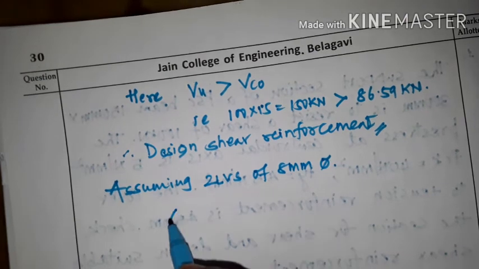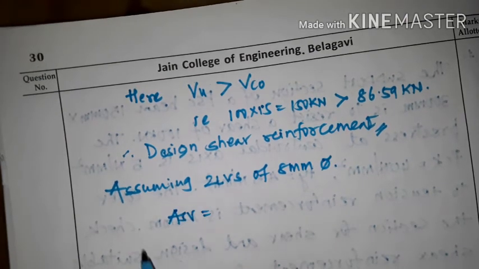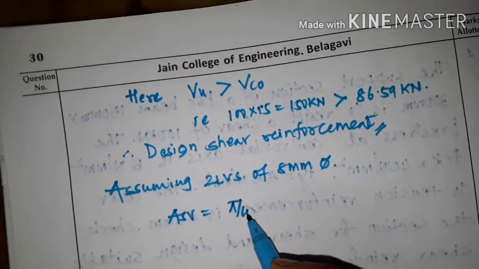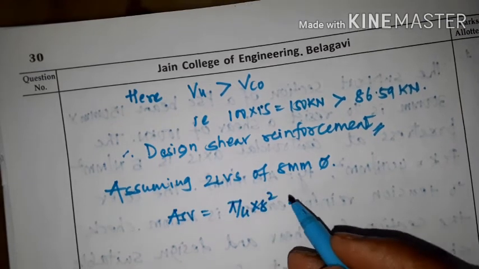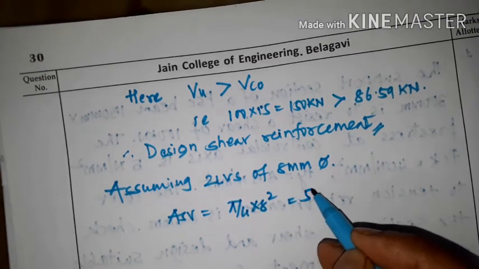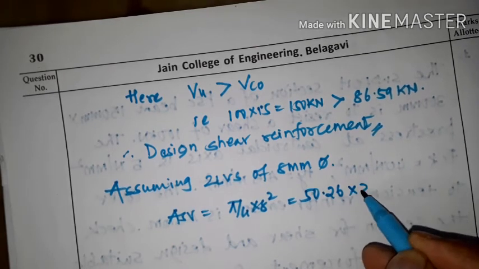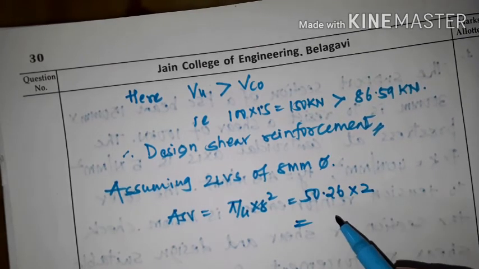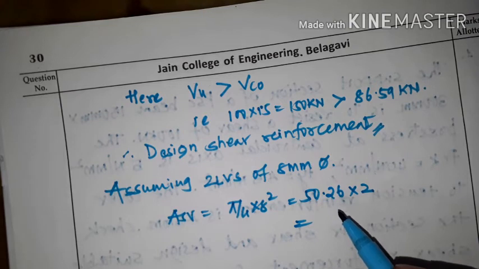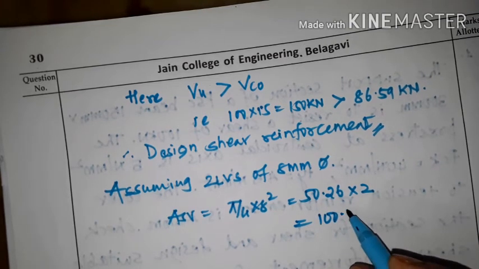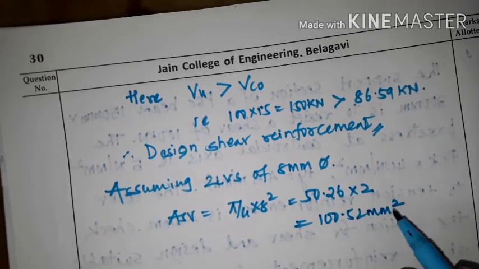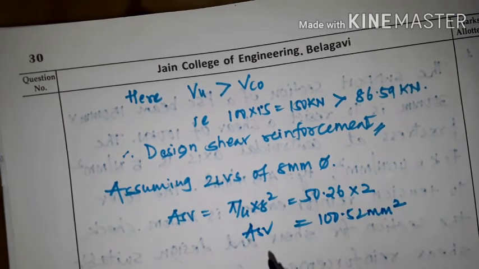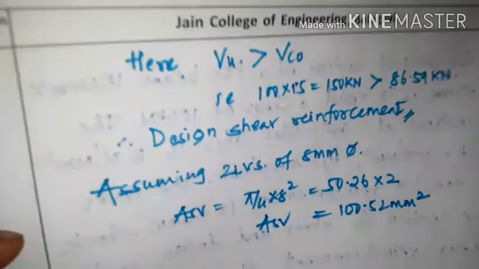So for that ASV, the area of vertical stirrup, is pi by 4 into 8 square. Okay, that is 54.26 into 2 legs. Why it is 2 legs? Because a 2-legged stirrup is there. So that is 100.52 mm square. So ASV is 100.52 mm square. Okay.